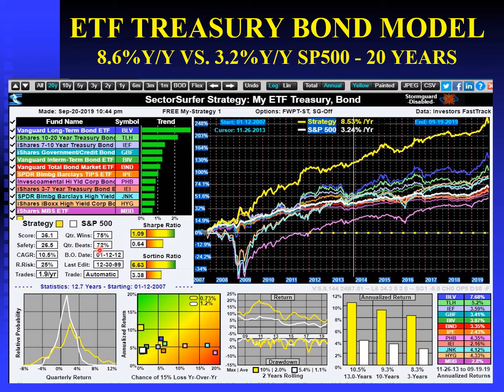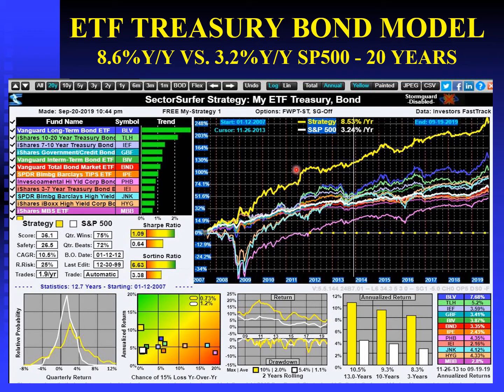If you go to their website, you find all the explanations about what this data means. The important thing here is this page also says the chance of losing more than 15% in the case of bonds is very low. This is the performance page for the bond model.